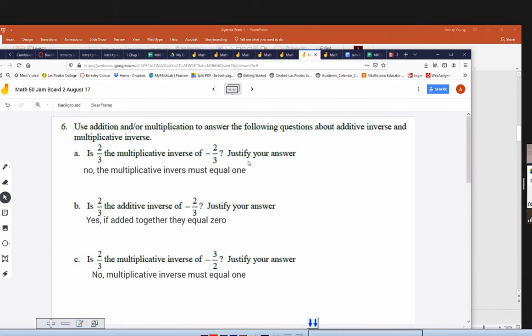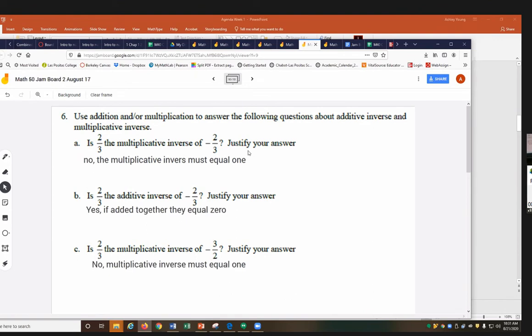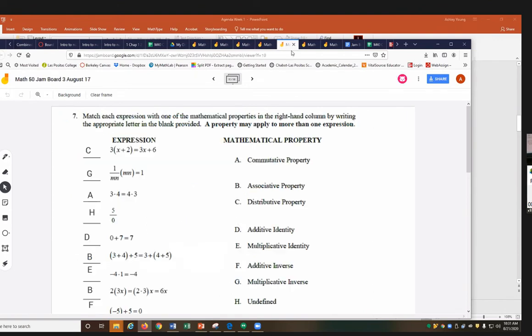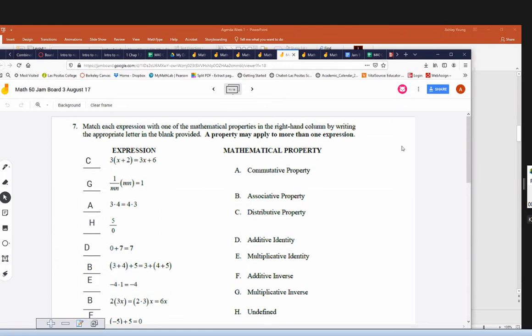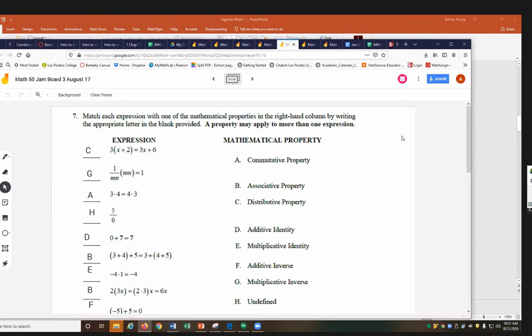That was group 2, so group 3 for number 7. Go ahead. The first one, we put that it was an example of the distributive property, which you can multiply each sum by each addend.